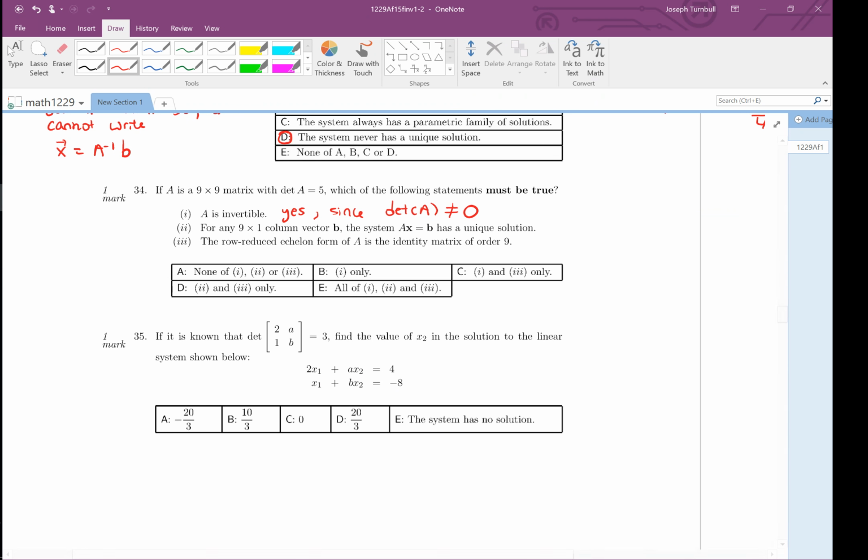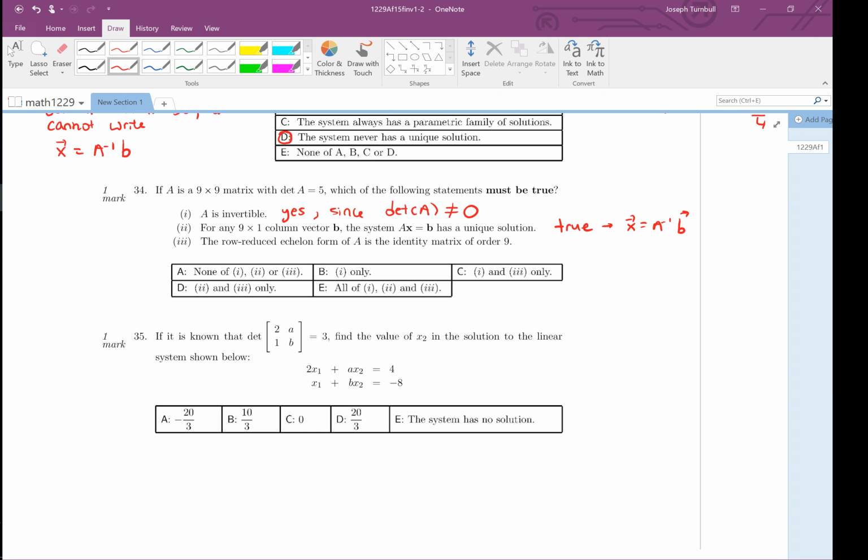For any 9 by 1 column vector B, the system AX equals B has a unique solution. Also true. And that's because if the inverse exists, you can write it as X equals A inverse times B using the method of inverses.